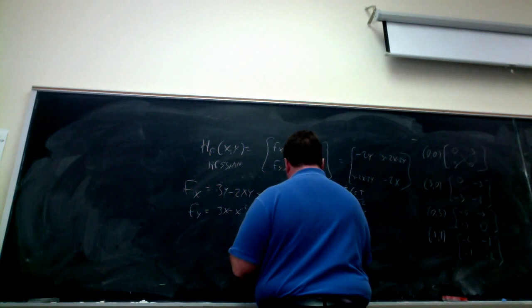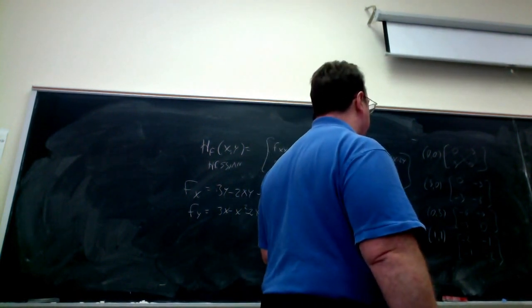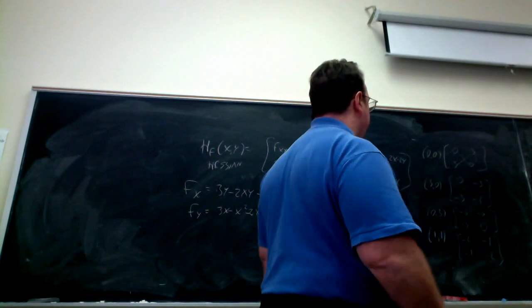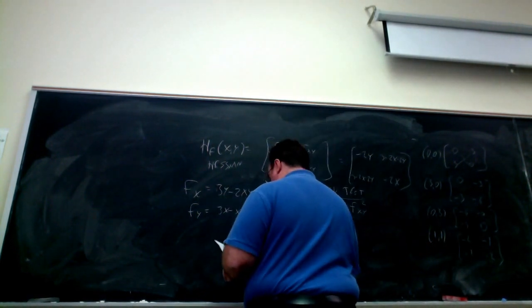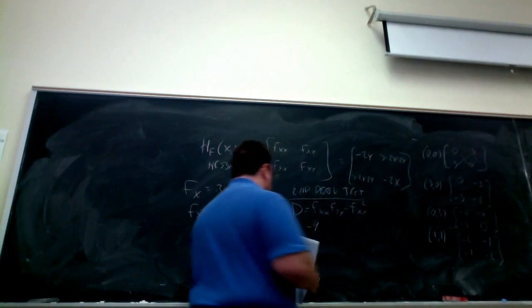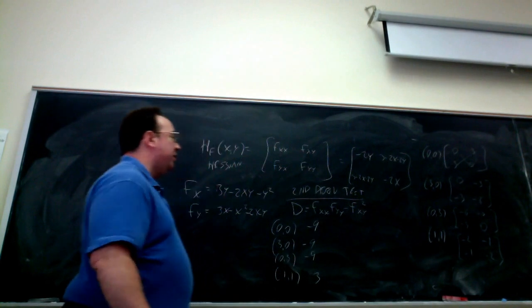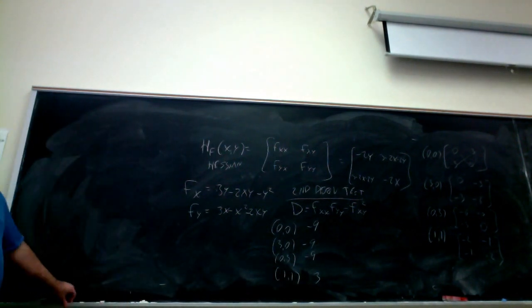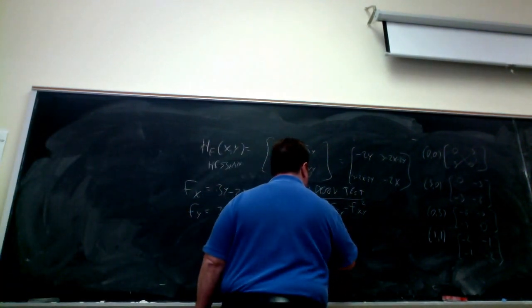So the first three are all minus 9. The last one is 3. So that's what we get for the value of D for all of these. When D is negative, what's the conclusion? It's a saddle point. So this graph has 3 saddle points.